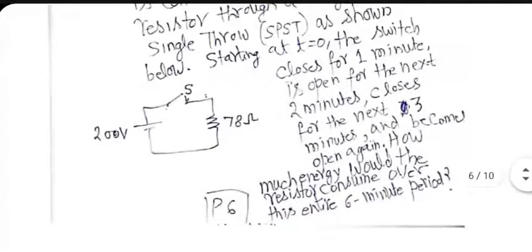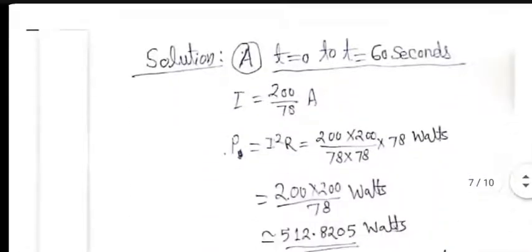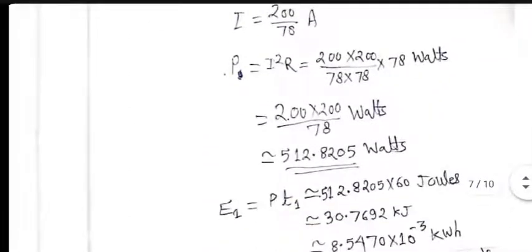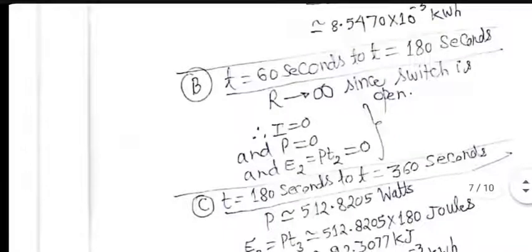In the second part, it is open for next 2 minutes. So no power will be consumed because there is no current flowing. So no energy will be consumed in the next 2 minutes. For the first minute, we consumed 30.7692 kilojoules approximately. For the second part, for the next 2 minutes, we consumed nothing. Okay.